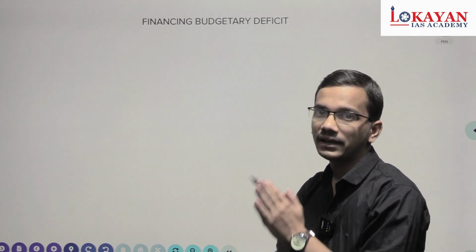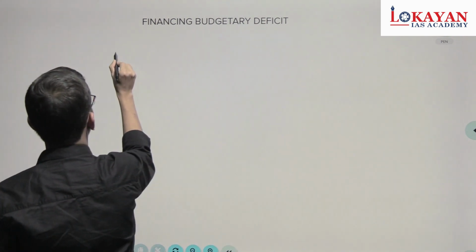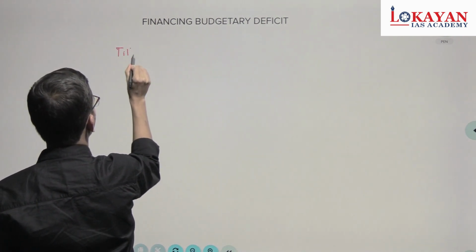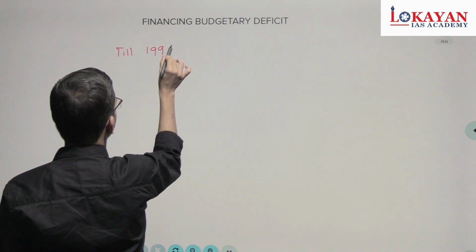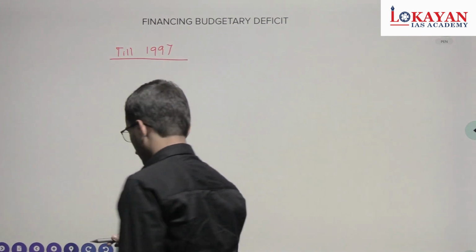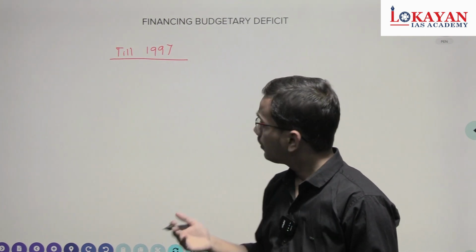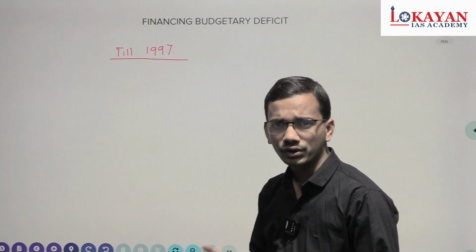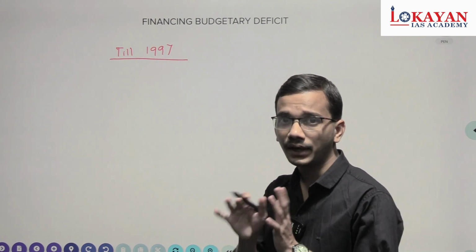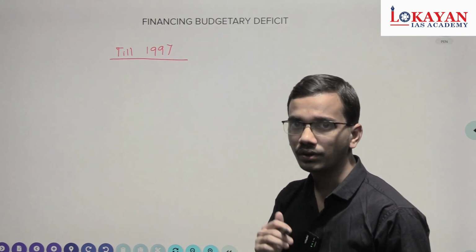See, from independence till 1997, being a socialistic economy earlier during Indira Gandhi's time, Jawaharlal Nehru, until 1970-1980, prior to LPG era, government used to have budget deficit. Even now also you have budget deficit, but the way to finance that deficit used to differ.